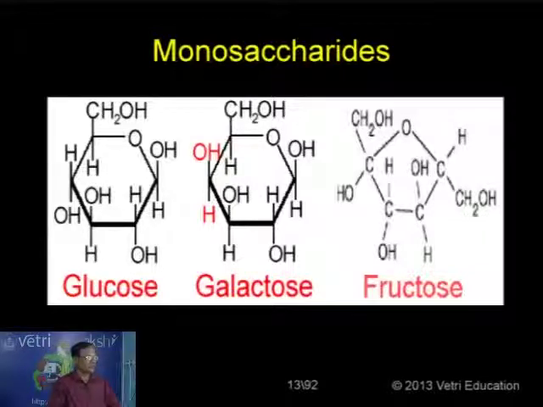So glucose, galactose, and fructose: the skeleton is different in different categories and they are arranged differently. Mainly these are all hexoses, the most abundant sugars, and they are responsible for the formation of many polysaccharide components. A number of monomers joined together form a polysaccharide.